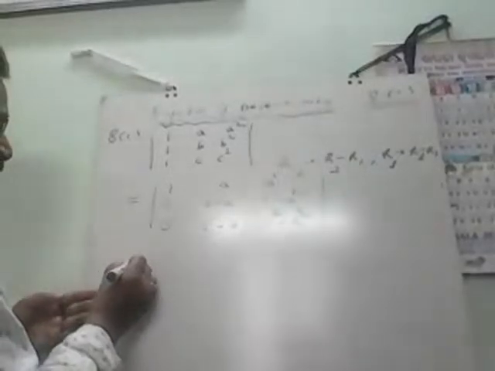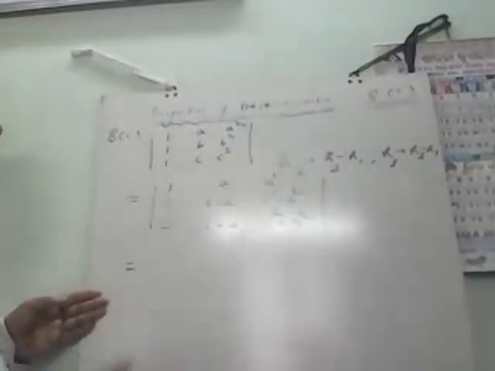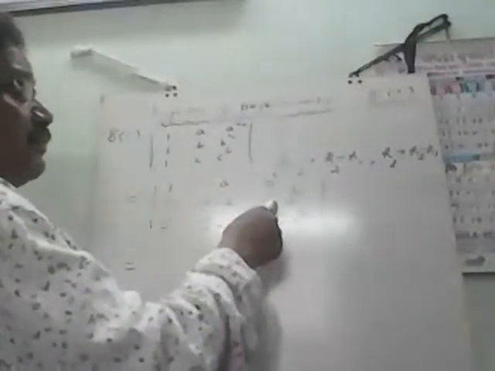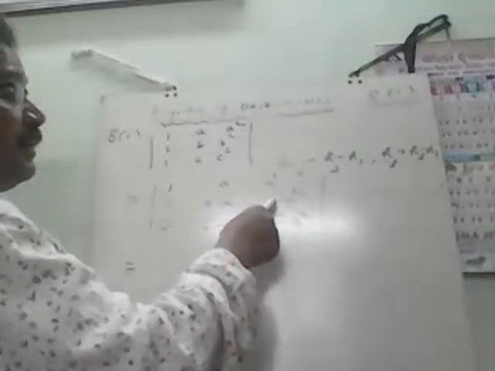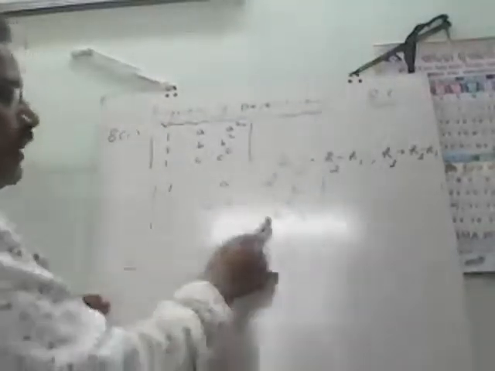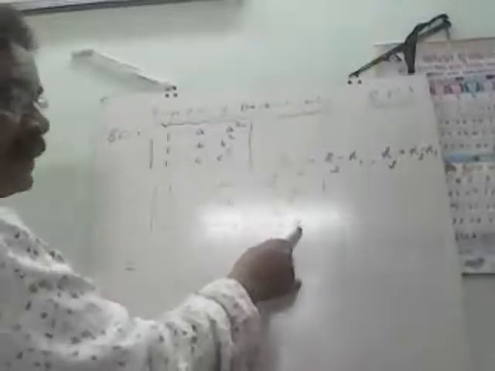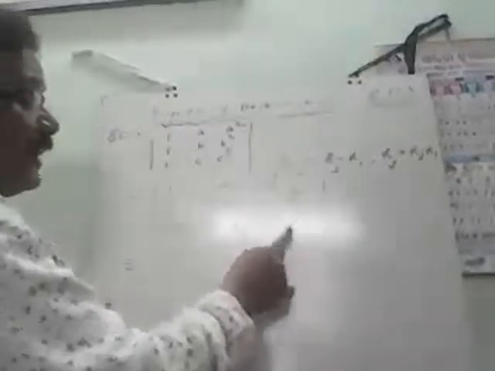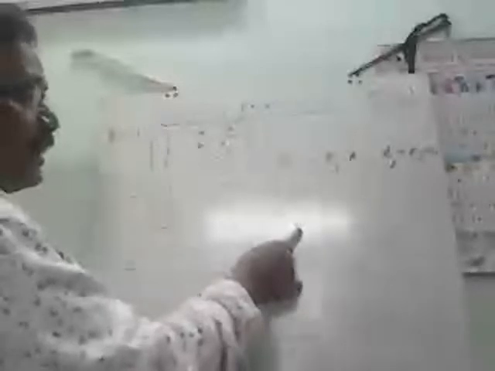Then next step. Factorize b square minus a square as b minus a into b plus a. Similarly, c square minus a square can be factorized as c minus a and c plus a. So we can take b minus a common along row 2 and c minus a common along row 3.